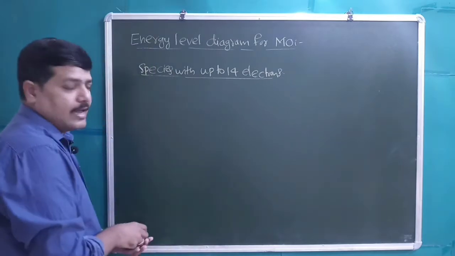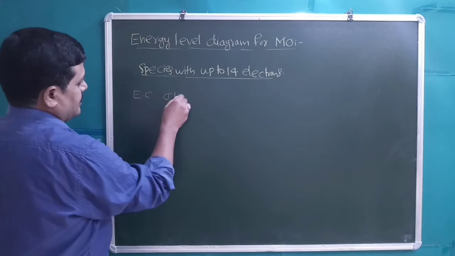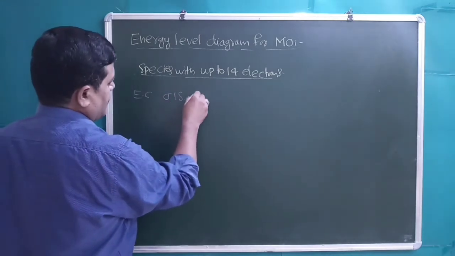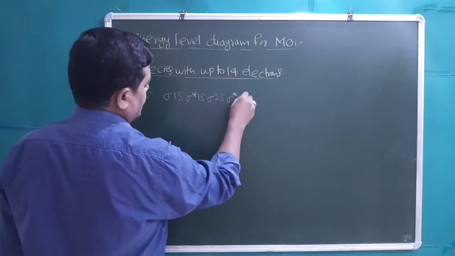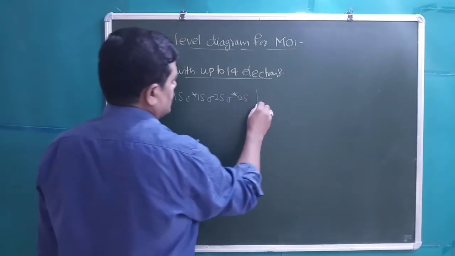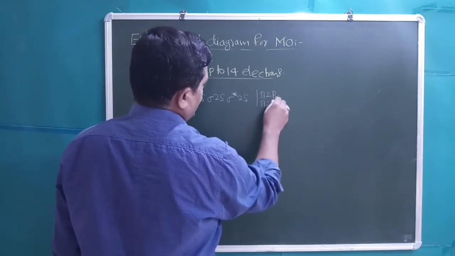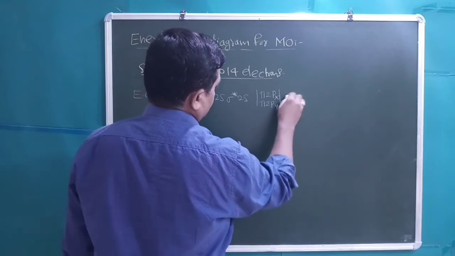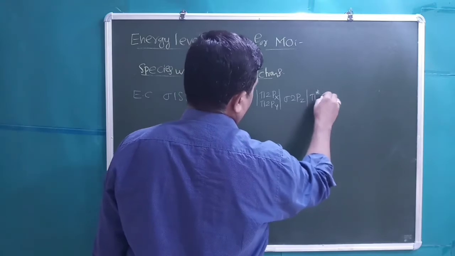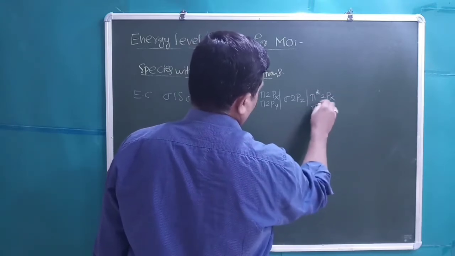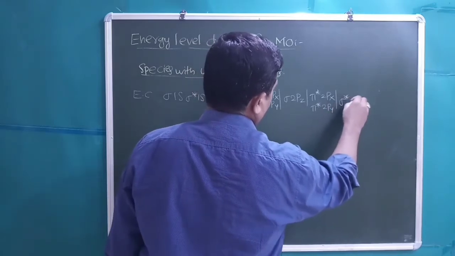First we will do the electronic configuration. The order will be sigma 1s, sigma star 1s, sigma 2s, sigma star 2s, pi 2px, pi 2py, sigma 2pz, pi star 2px, pi star 2py, sigma star 2pz.